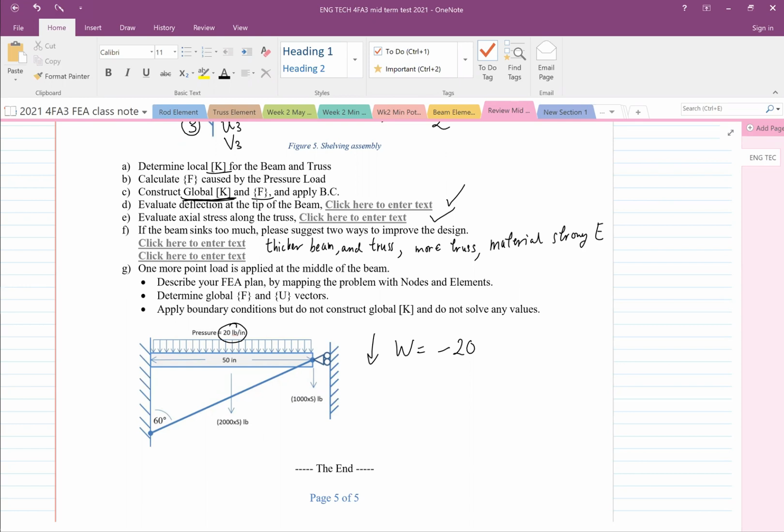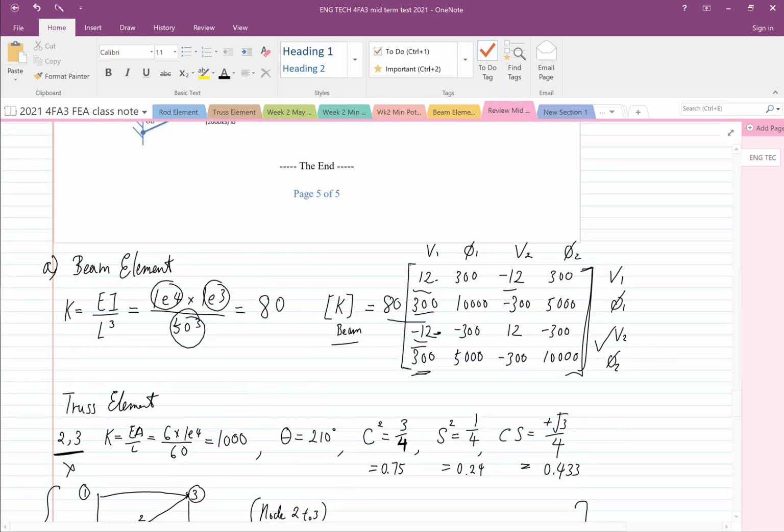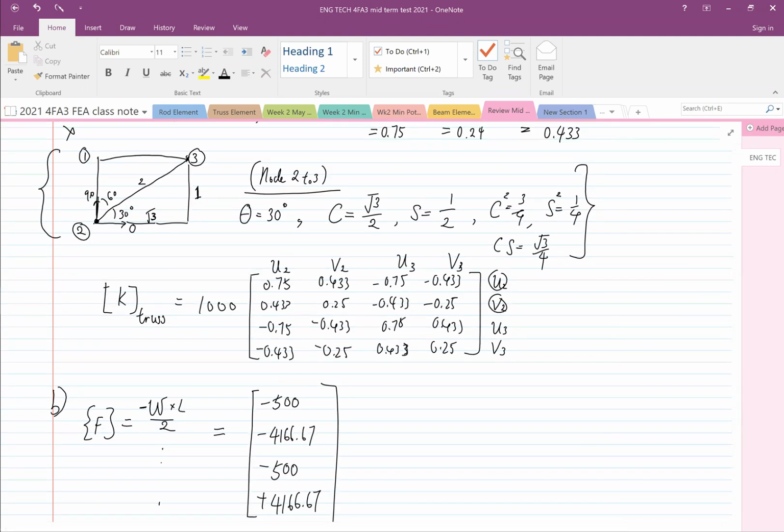No. It's not the right thing to do. You usually go from node 2 to 3, you don't go from node 3 to 2. Why? Oh, because it is easier to figure out the angle, right? It's 30 instead of 210 as you did in the first one.